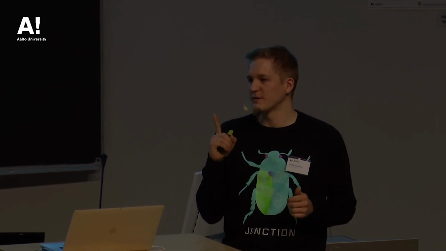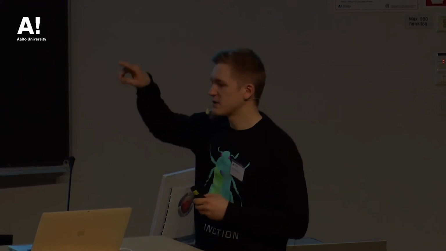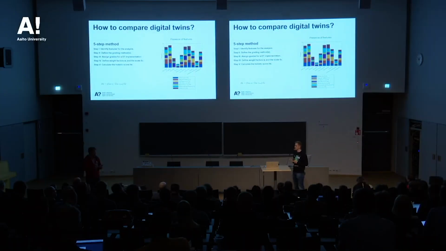So from 0 to 5. And I wanted to give one number for one digital twin. What happens in between is defined in this method, and it defines the number. So currently, this is a subjective method, but there's room for improvement.